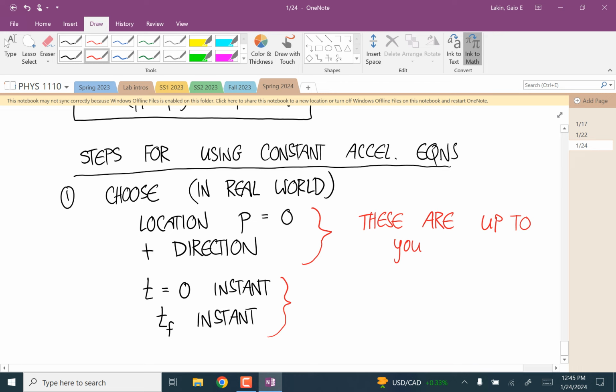If you make the wrong choices of these, then you can't do the problem. So how do you know what instants to choose? You want to choose these at instants where you're given information, or where you're trying to find information.